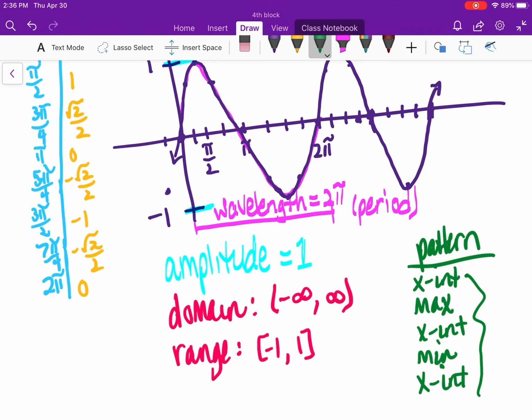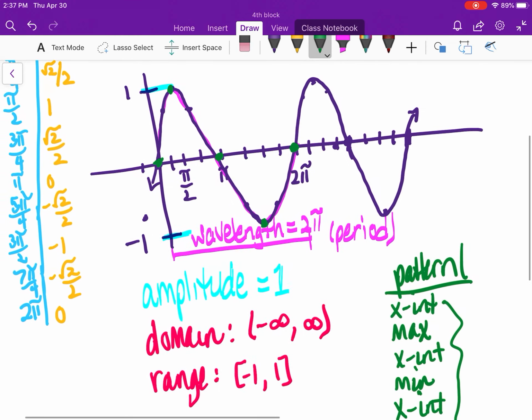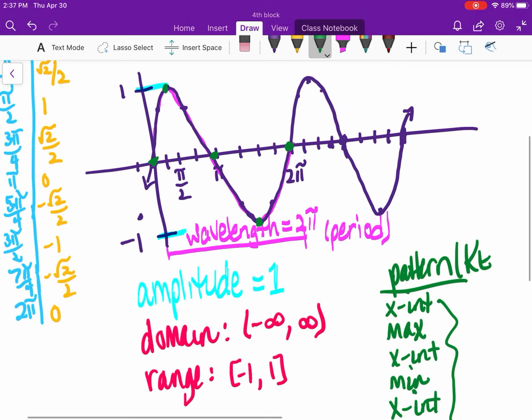So we're going to focus on these 5 key points because we're not going to want to have to make a t-chart every time we graph. But by putting in those pi over 4 marks, that helped us to see that this graph is going to curve rather than just being jagged edges. But these green marks here, okay, those are our key points that we're going to graph every time we graph a sine graph.